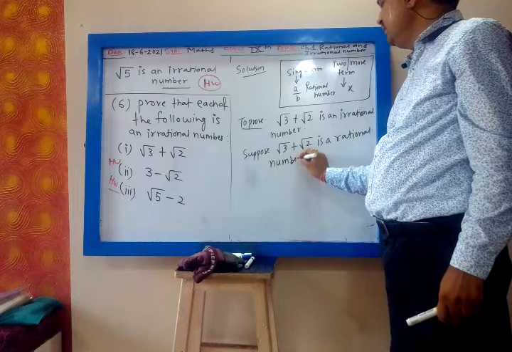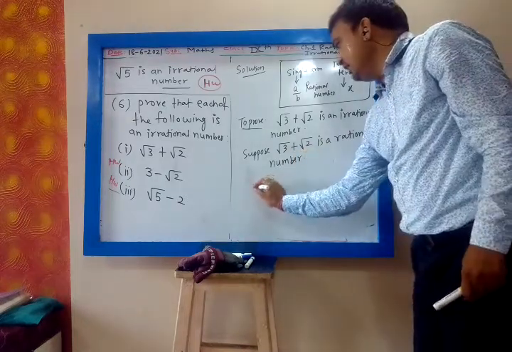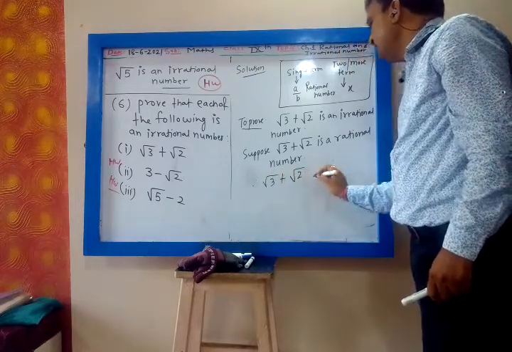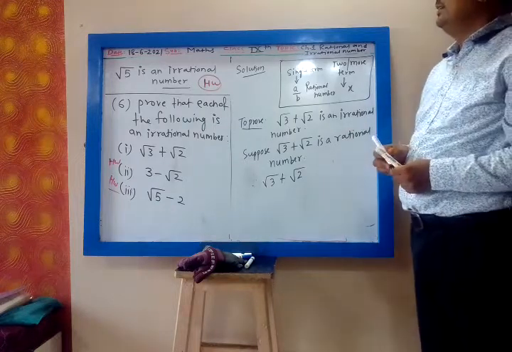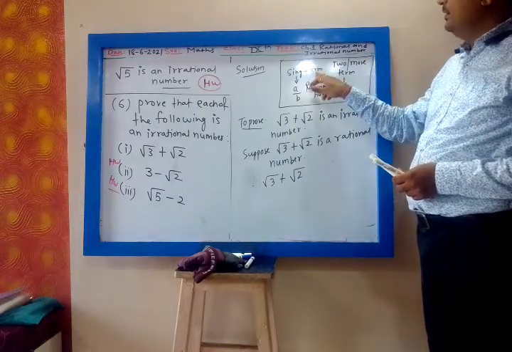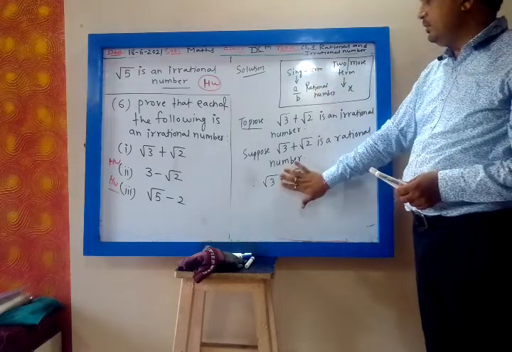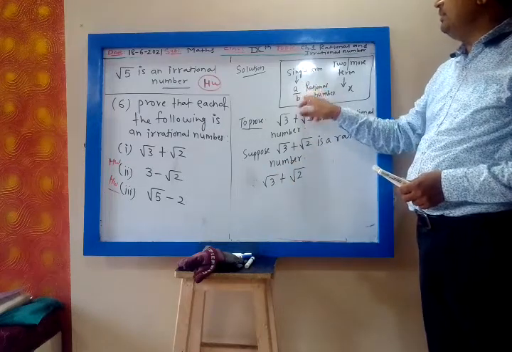Is it clear? So if root 3 plus root 2 is a rational number, then I can write it as a by b or x. Whenever there is a single term, only root 3 or only root 2, I will write the rational number as a by b.